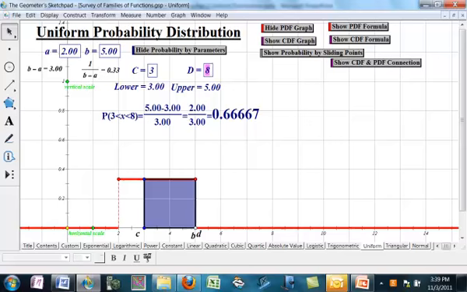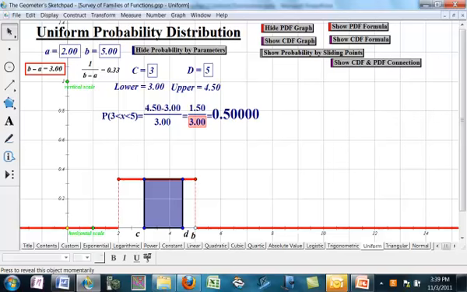Let's say 4.5. Okay, so we're going from 3 to 4.5, and that tells us that 4.5 minus 3 is 1.5, so that 1.5 is the width of the bottom of this, and the height is always 1 over b minus a, 1/3 in this case, and so we get that the area is 0.5.